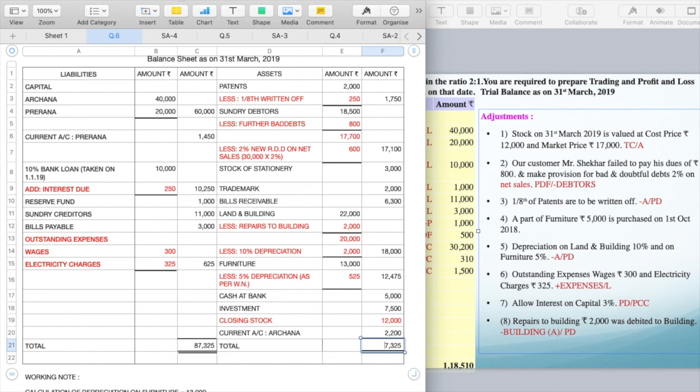Carried 4, 4 plus 1 is 5, 5 plus 1 is 6, 6 plus 1 is 7, and 7 plus 1 is 8. So it's perfect, 87,325. Both sides we have got the same total.